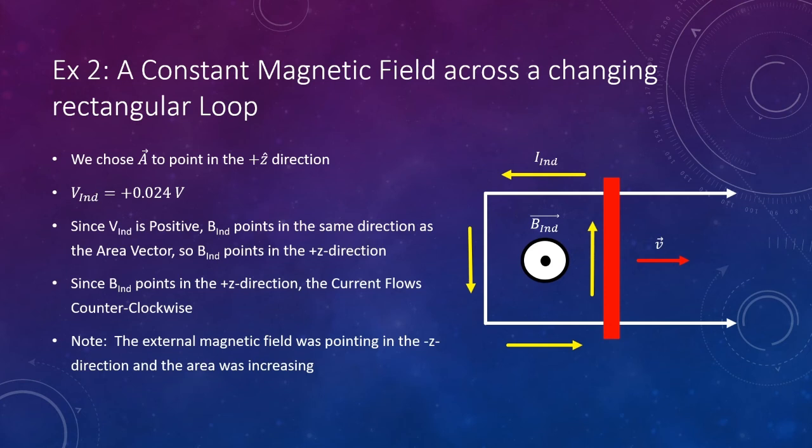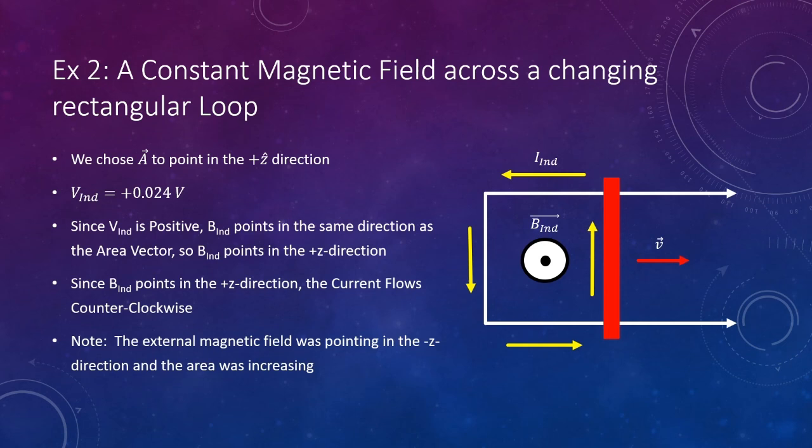And we can put our thumb in the direction of that induced magnetic field. Your hand curls in the direction of the current. So since our induced magnetic field is pointing in the plus z direction, the current is going to flow counterclockwise. Again, without doing any math, you can also determine that the induced magnetic field is pointing in the plus z direction.